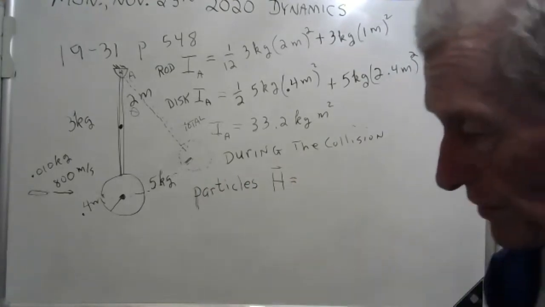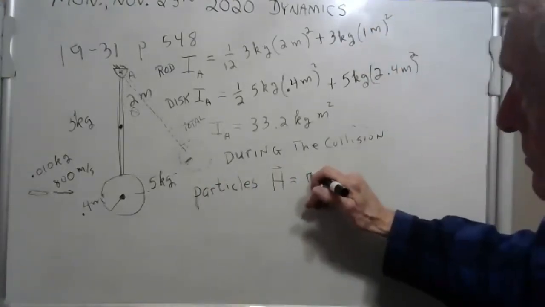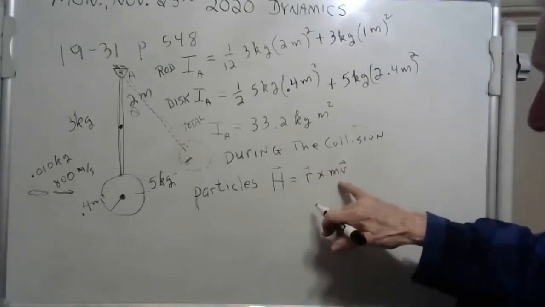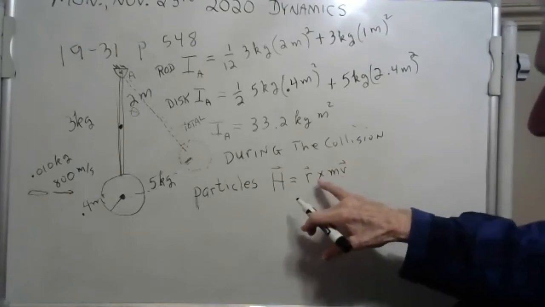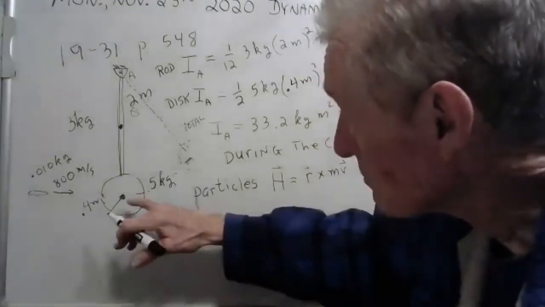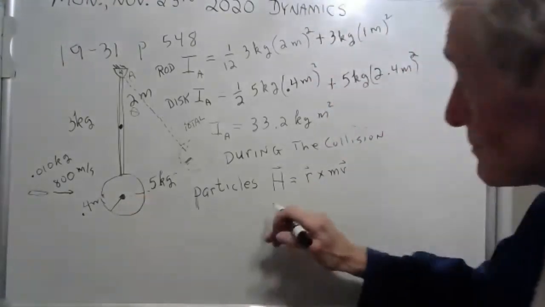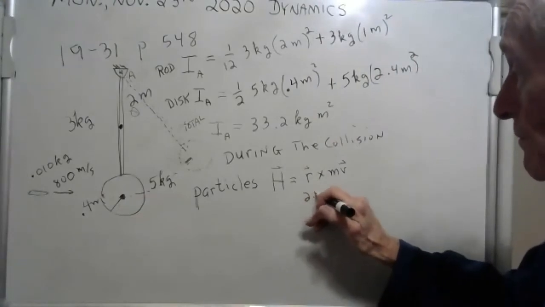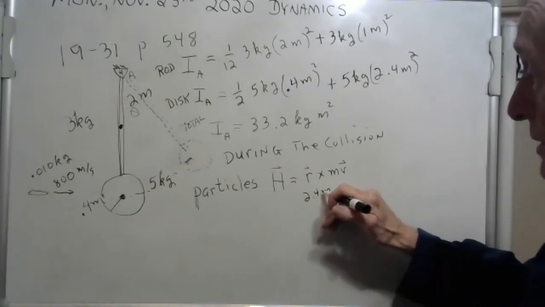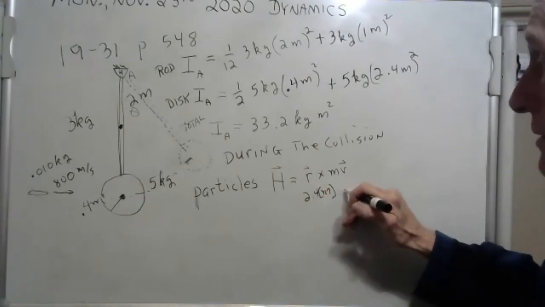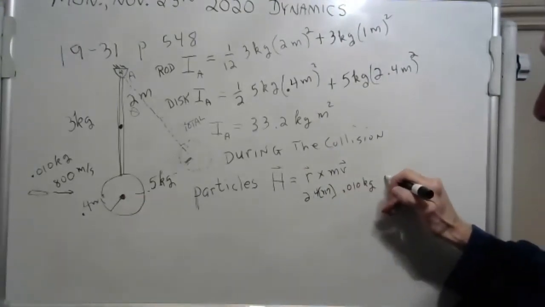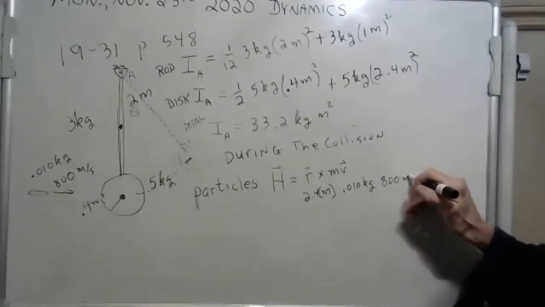And what angular momentum is for particles, it's the first moment of linear momentum. See, this here is linear momentum, but angular momentum is, well, in this case, it would be 2.4 meters times the mass of the bullet, which is 0.010 kilogram, times the velocity of the bullet, which is 800 meters a second.